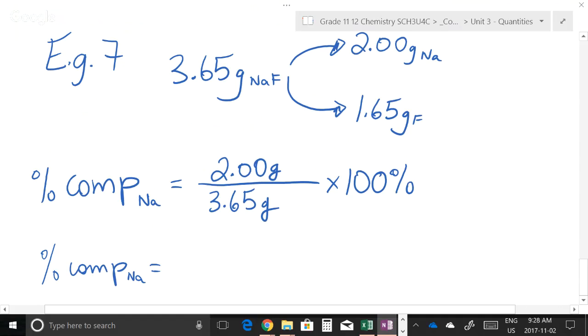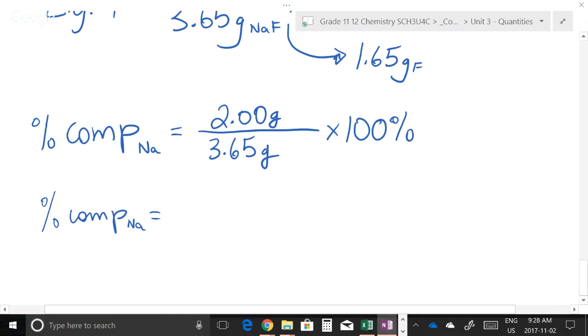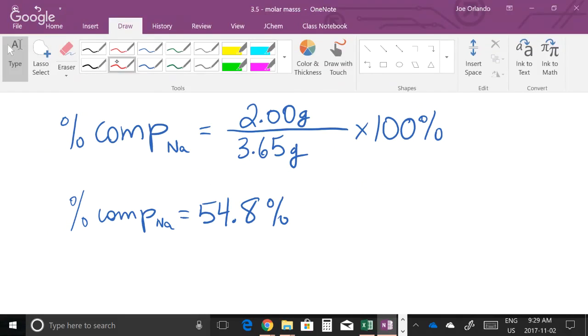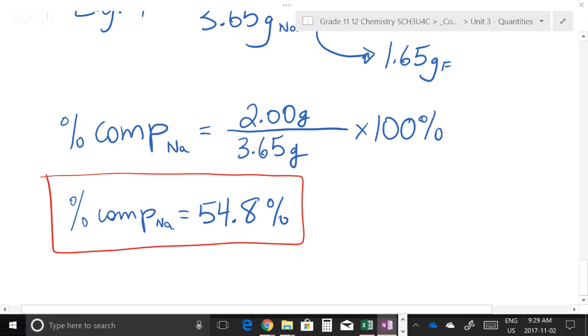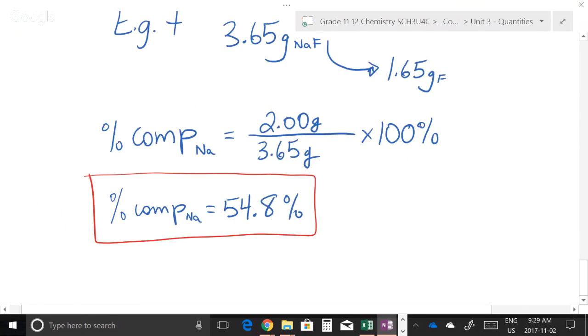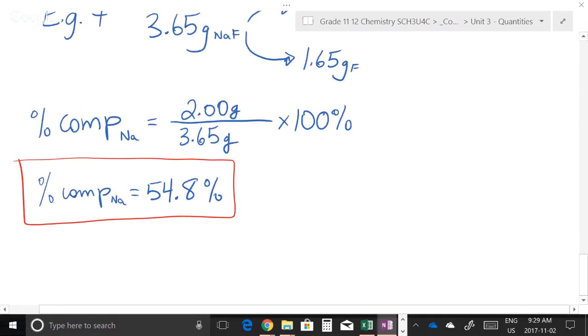Do that math. Well, how many significant digits do we want? 3 significant digits. So that's what I'd like. Yeah, what do you got? Very good, 54.8. I mean, I'm saying very good to the number of significant digits. I have no idea if the number is correct because I'm not a calculator. Okay, so that's the percent composition of sodium. Can you do the percent composition of fluorine on the other side, please?